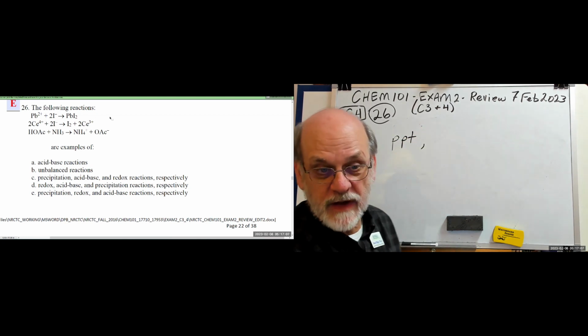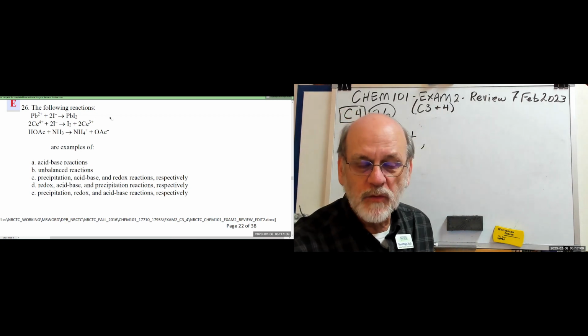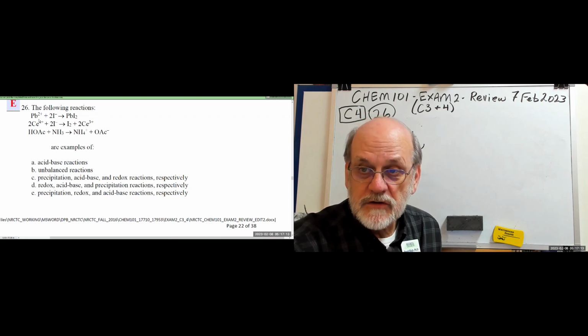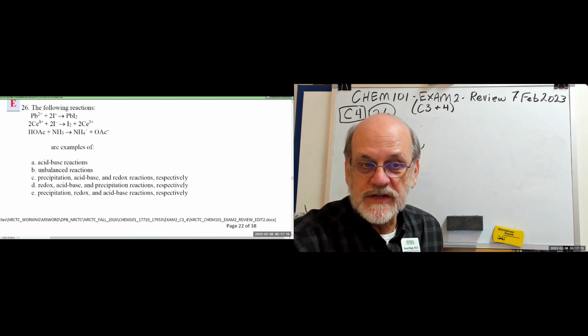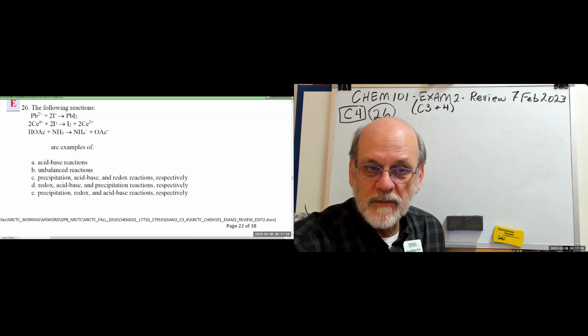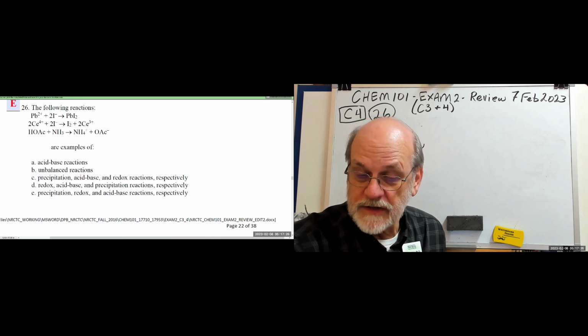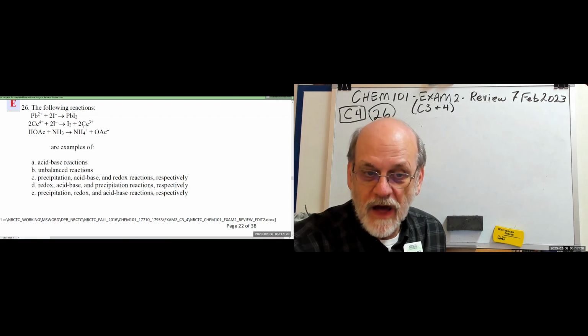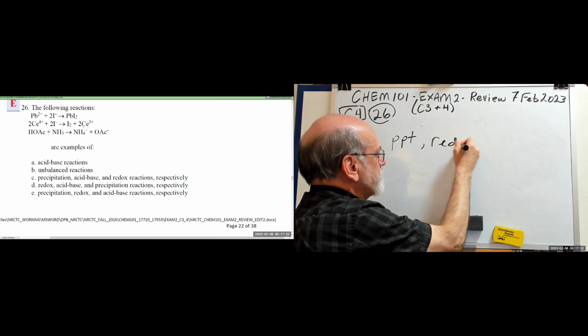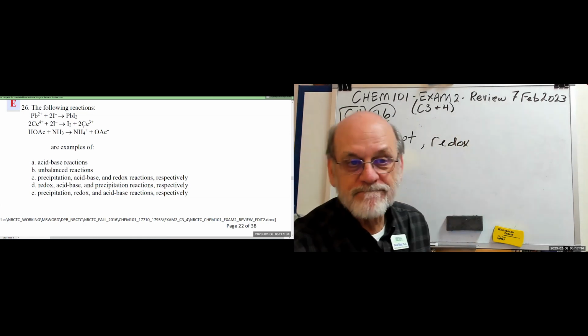That's a precipitation reaction. The second one, notice that cerium changes its charge. Its oxidation state goes from 4+ down to 3+, and the iodine goes from -1 to a 0 oxidation state. That is a redox reaction. Okay.